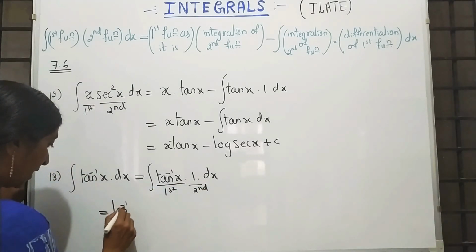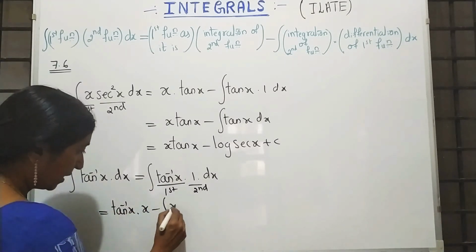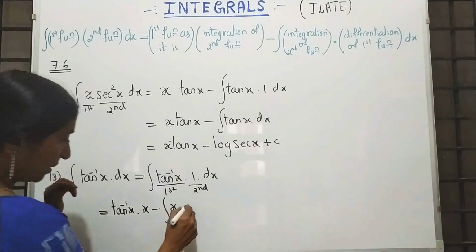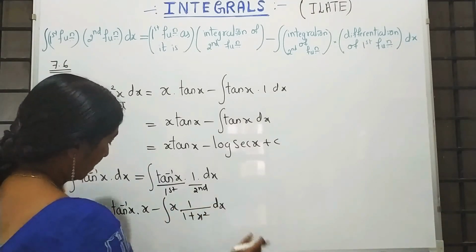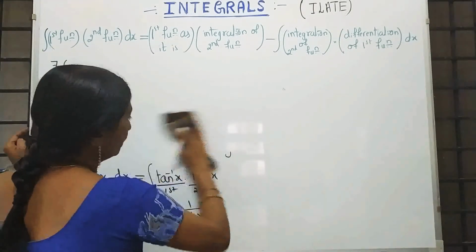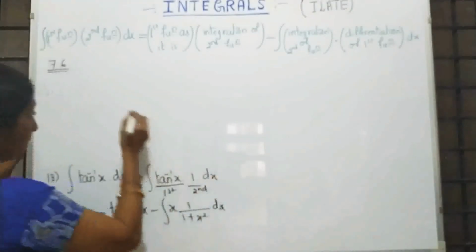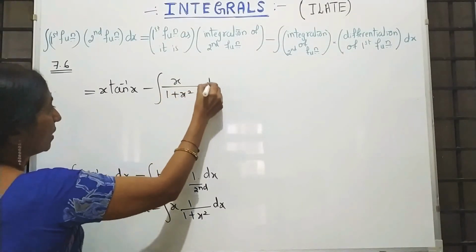First function as it is, integration of 1 is x, minus integration of 1 is x, differentiation of tan inverse x is... just rearrange them. x into tan inverse x minus x upon 1 plus x square into dx.